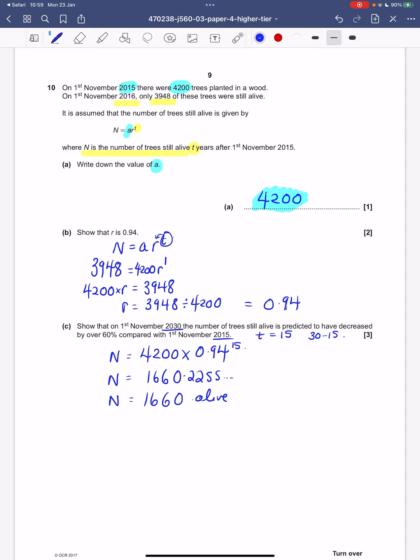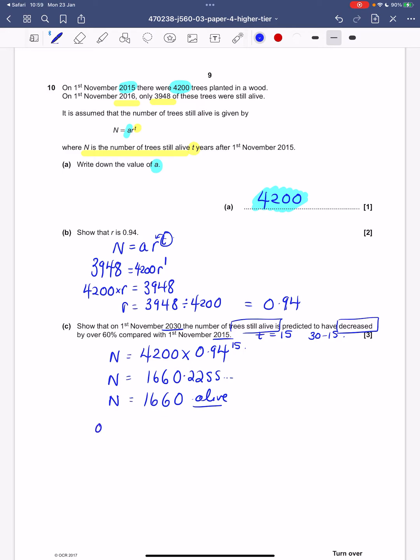Anyway, so we've started off with 4,200, and we've got 1660 alive. Now this is predicted. The number of trees still alive is predicted to have decreased by over 60%.